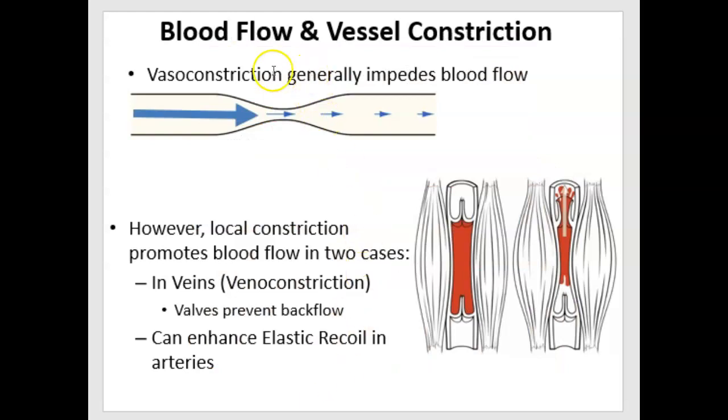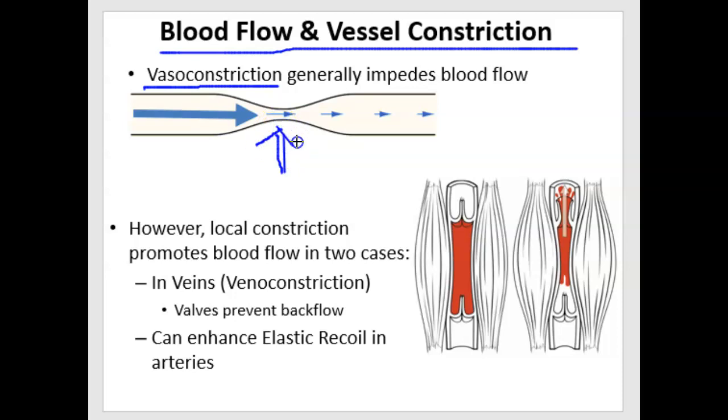Now let's talk a little bit about blood flow and vasoconstriction. In general, when we think of constricting a blood vessel, like here in this diagram, it generally impedes blood flow, right?